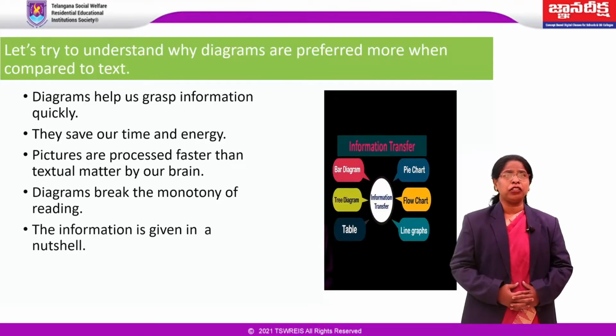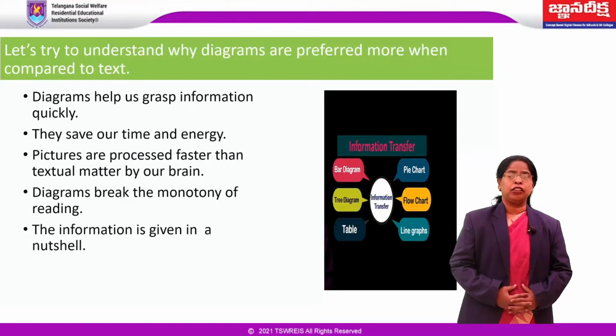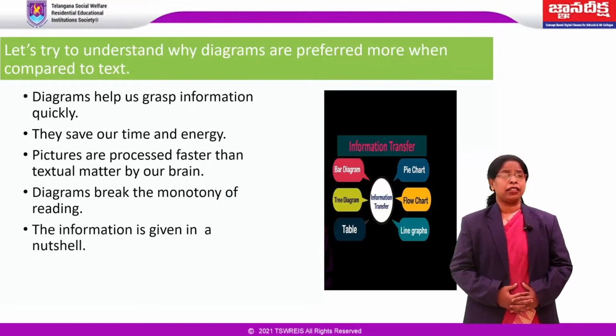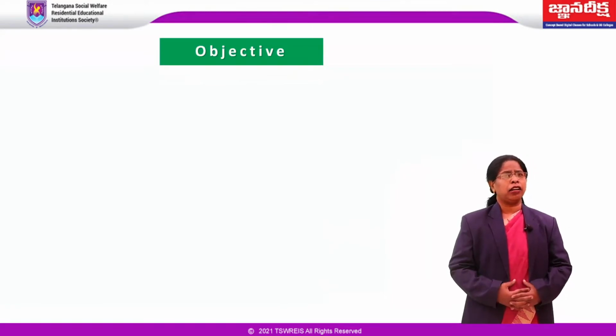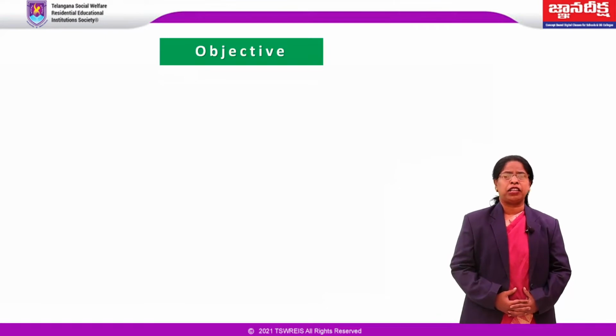You can look at the picture and find how the information can be transferred into different forms. Now, let's go to the objectives: why we are supposed to transfer the information, or how to transfer the information.